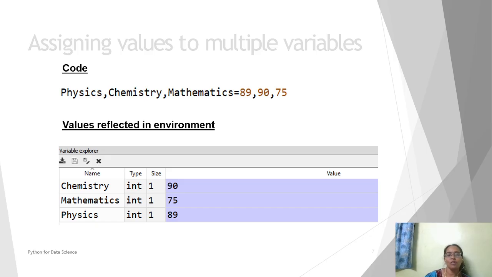The value for physics is 89, for chemistry is 90, and for mathematics is 75. So physics, chemistry, mathematics are variables, and 89, 90, 75 are the values. The value is nothing but the data type, that is integer.